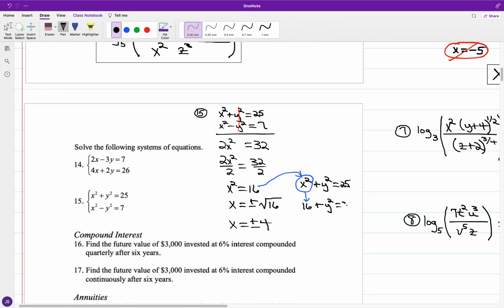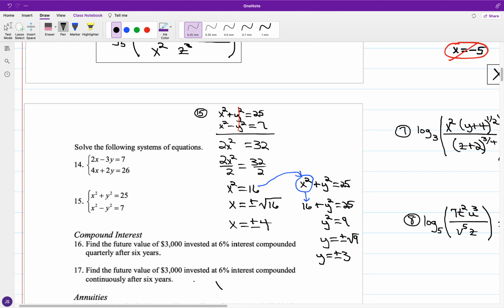So I have 16 plus y squared is equal to 25, and we have y squared is equal to 9. And with the square root property of equality, we have that y is equal to plus or minus the square root of 9, so y is equal to plus or minus 3.